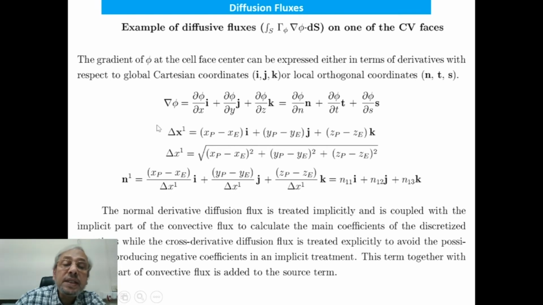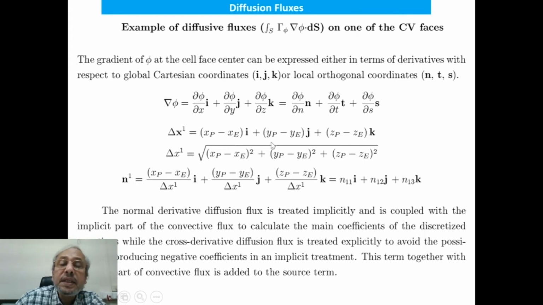Now this vector delta x1 will be given by xp minus xe into i, yp minus ye into j, and zp minus ze into k.